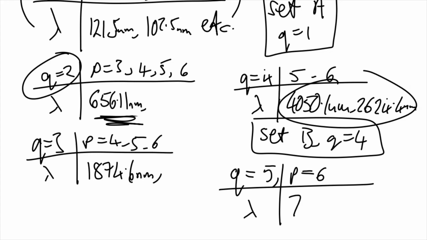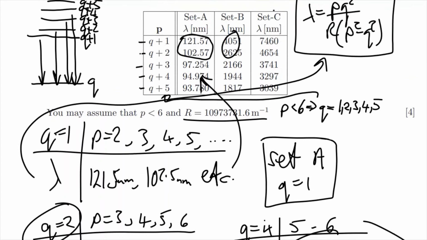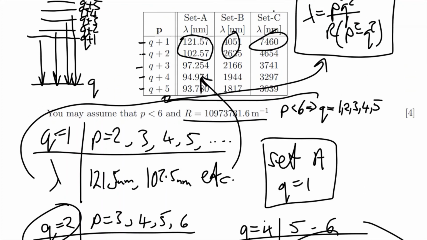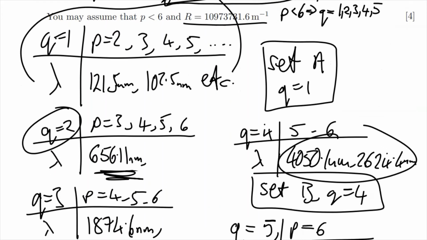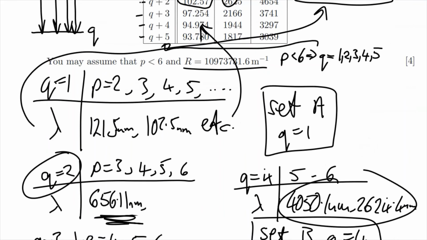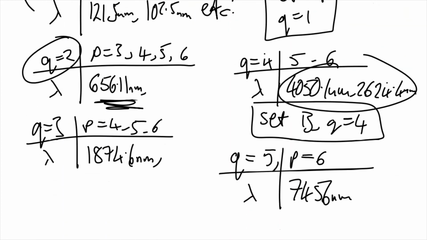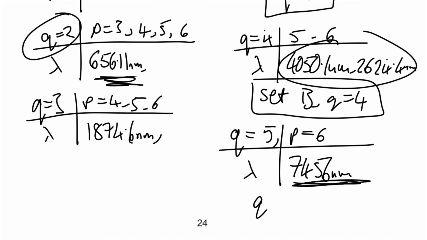We get 7456 nanometers, which to 3 sig fig gives the value in the table. We ran out of Qs, and it's pretty clear that for Q equals 5, this is set C.